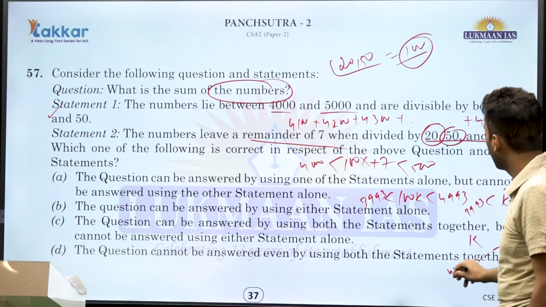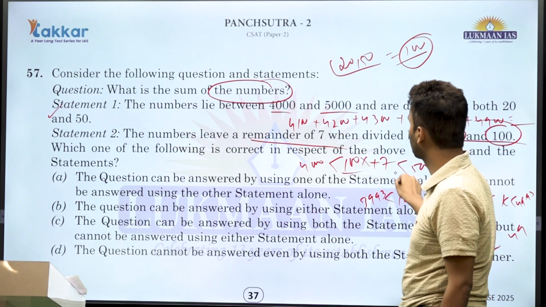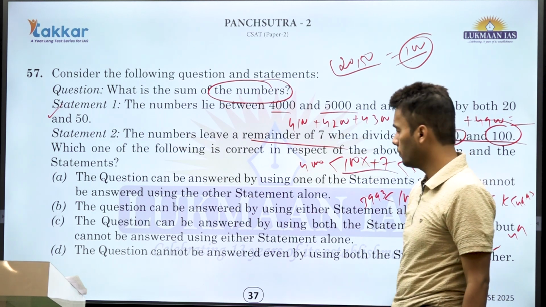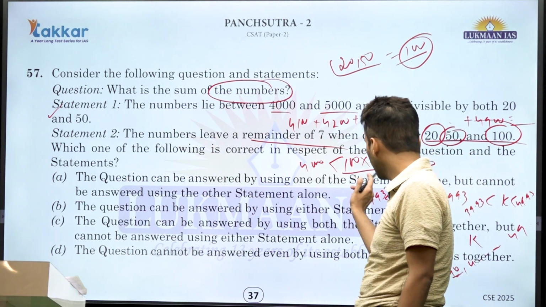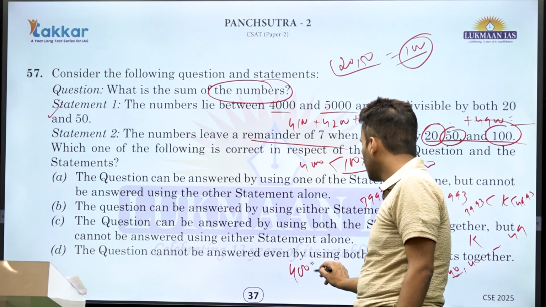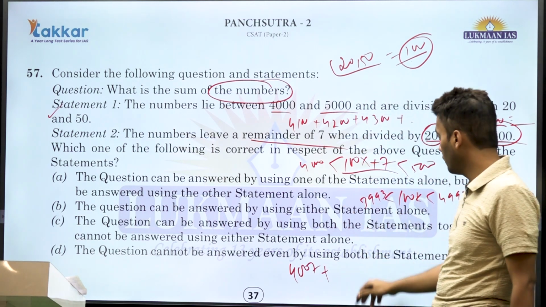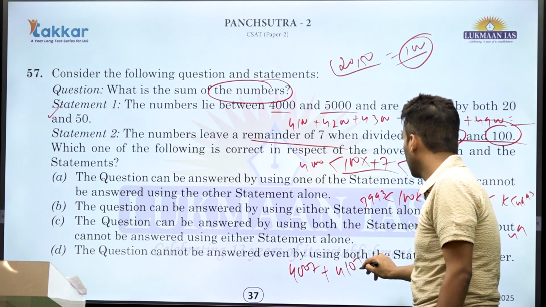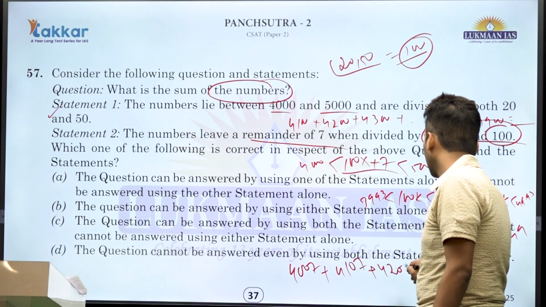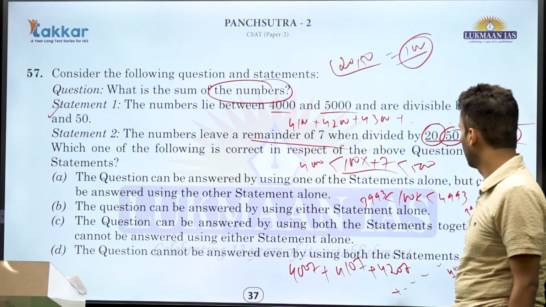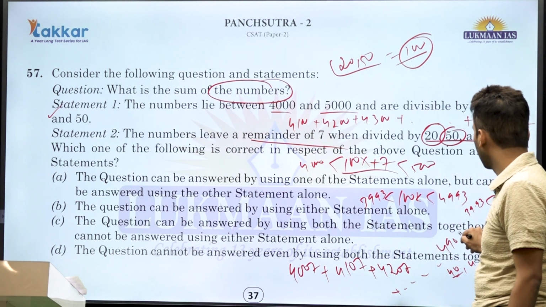Now substitute the values of k. What values will we get? 100 into 40 is 4000 plus 7, 4007. Similarly, substituting 41, we get 4107. Similarly, 4207 and so on. We get the last value as 4907.